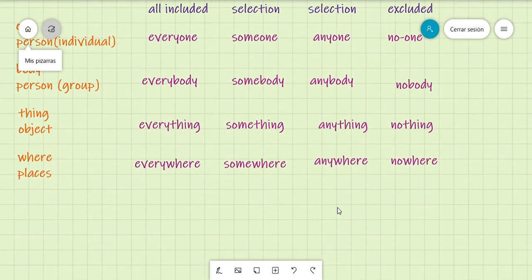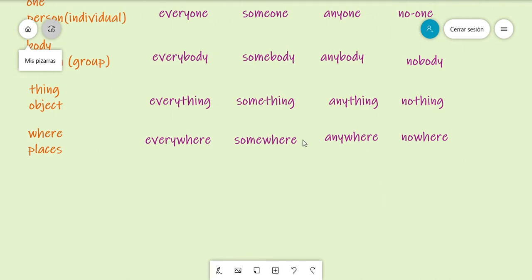Okay, and I will write here: anywhere for affirmative sentences takes the place of somewhere, for example. And anywhere in the case of negatives takes the place of nowhere.